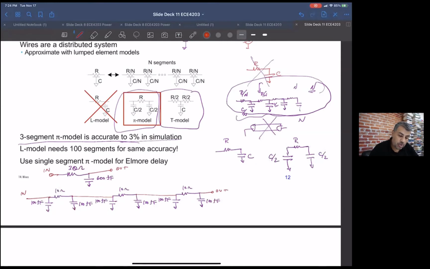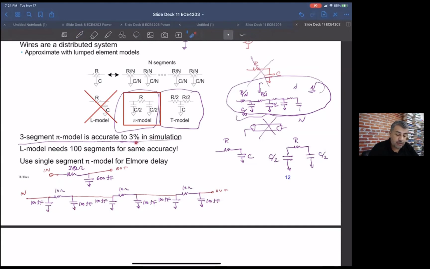So in total we have 100, 300, 500, 600 femtofarads of capacitance in 3 pi models that are connected together, and then 30 ohms of resistance.